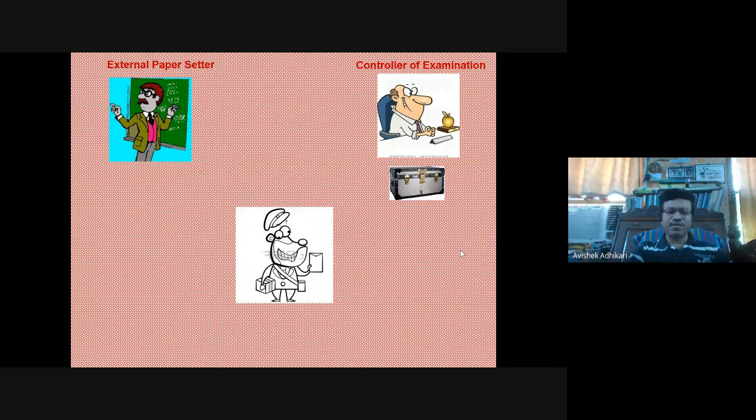The question paper might have completely changed, or the bad guy has already seen it, so he will receive a question paper which is already modified. So that could be a situation.